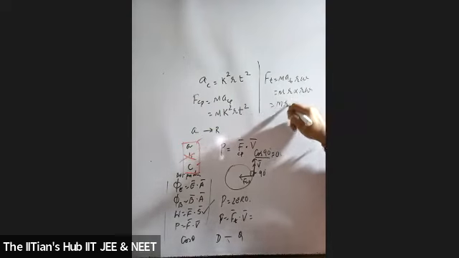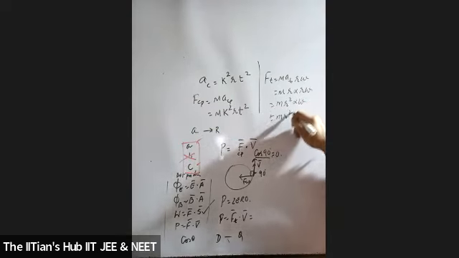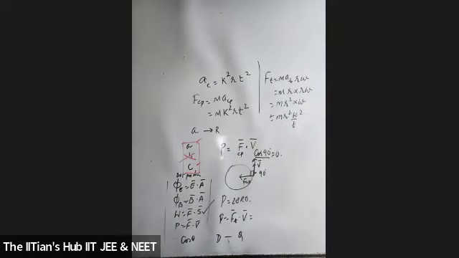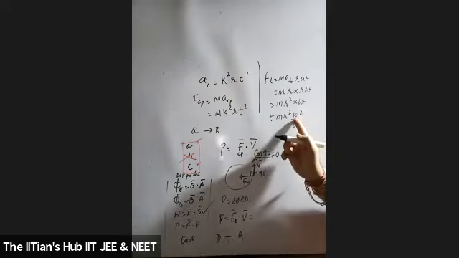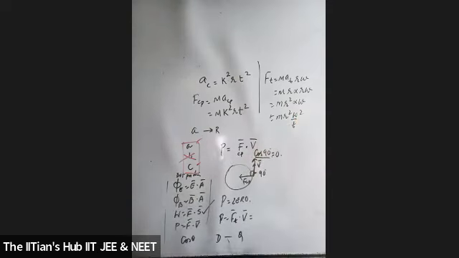So M into R square alpha into omega. What is alpha? Omega by T. So omega square by T. Are you getting it? And how will you write omega, students? You can take 2 pi f square. Are you getting it? And distance upon time you can consider in terms of speed. You can get your answer in terms of time.